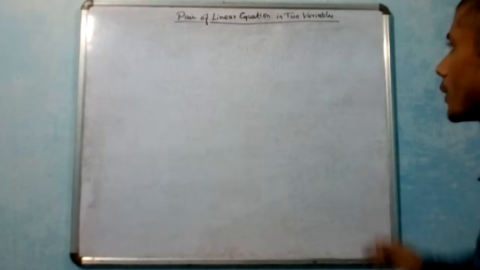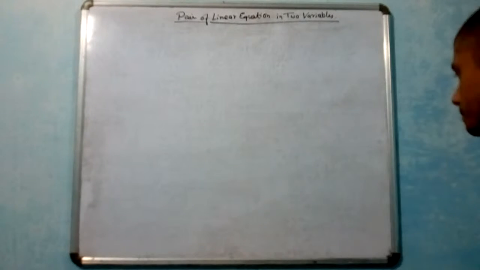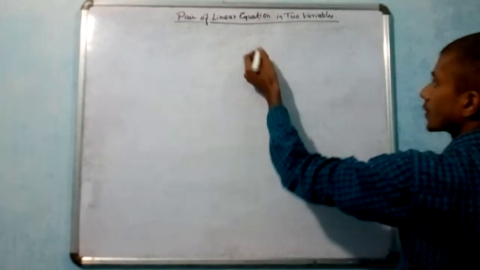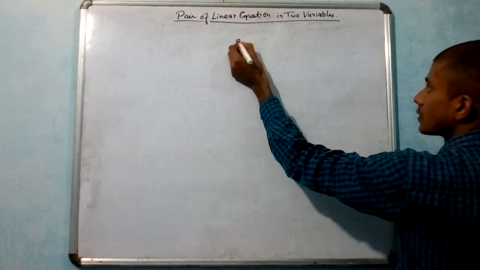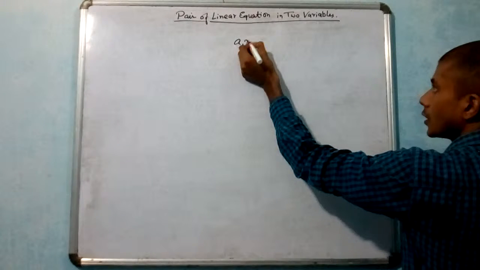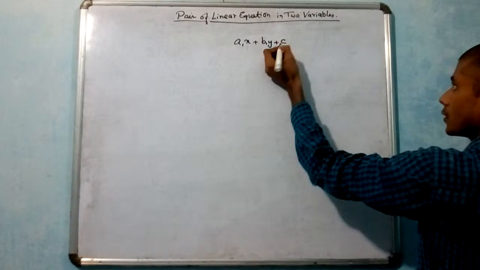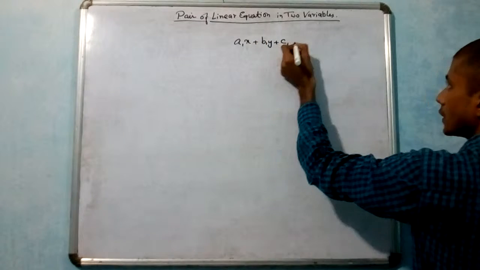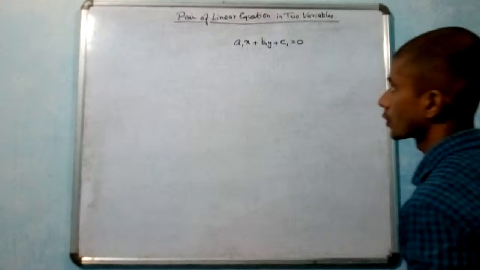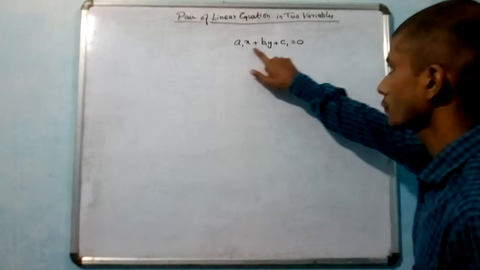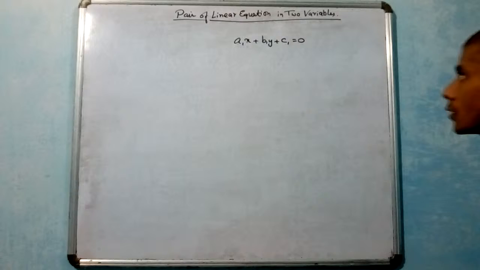Fine. So now, pair of linear equations in two variables. In general we have a1x + b1y + c1 = 0. This is the general representation for a linear equation in two variables.